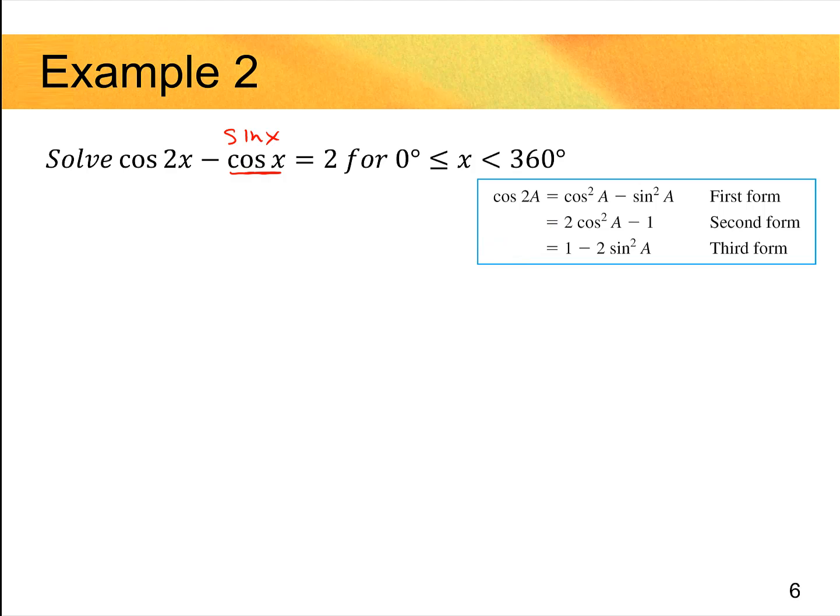That's the whole point here, because I can't solve a cosine and a sine easily. So because the underlying trig function is cosine, I'm using this form right here, and since our variable is not a, it's x, this becomes 2 cosine squared x minus 1, that's what this part becomes, minus cosine of x equals 2.